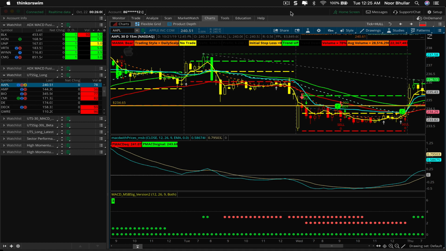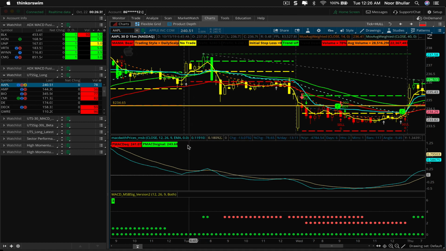Now, I just want to mention early on in the session that there's a standard indicator that comes with Thinkorswim that you can use for MACD, and I also have a pair indicator that is definitely more sophisticated because it offers the usage of MACD on multiple time frames. And when you use it on multiple time frames, it gives you a confirmation on higher time frames and thereby giving you a higher probability of trade.